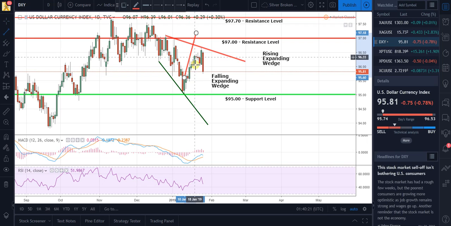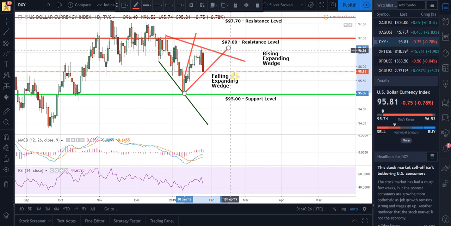Now, it is very broad, and the falling expanding wedge is the falling expanding wedge here. It looks really confusing in some ways, but the falling expanding wedge here is a more positive pattern than the rising expanding wedge, even though I don't like to do it so close to a close.